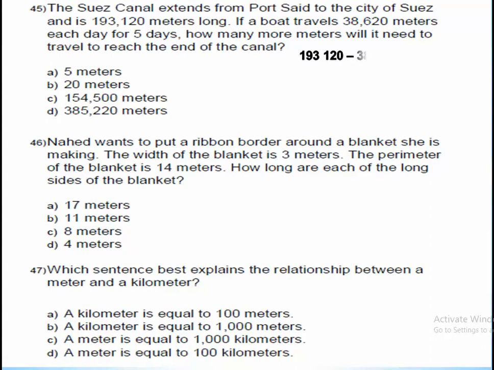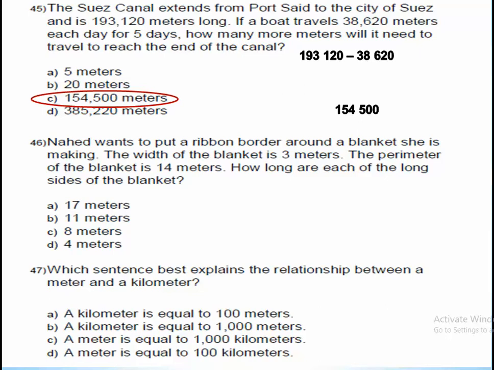Okay, let's subtract 193,120 minus 38,620, it will be 154,500 meters.